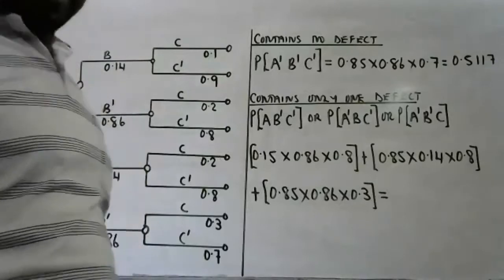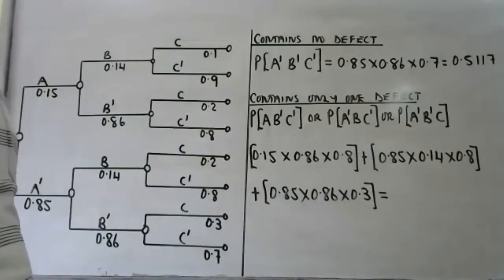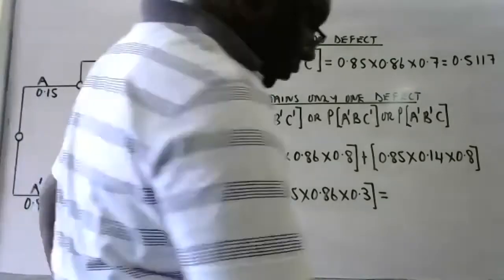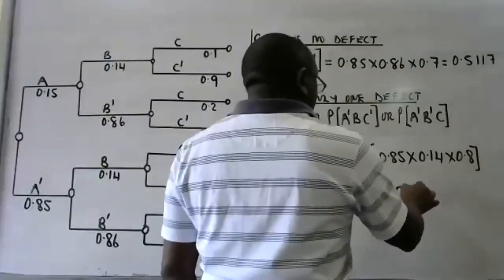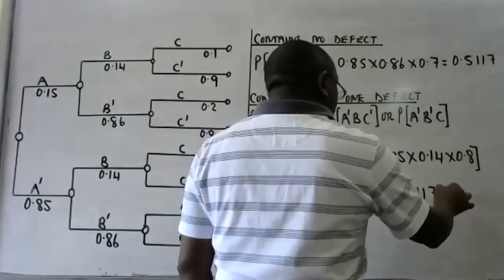So if you put those figures in the calculator, you will get 0.15 times 0.86 times 0.8 plus 0.85 times 0.14 times 0.8 plus 0.85 times 0.86 times 0.3, and I'm getting 0.4177.